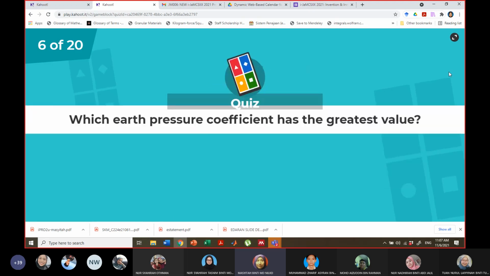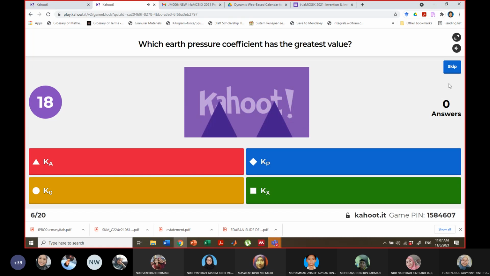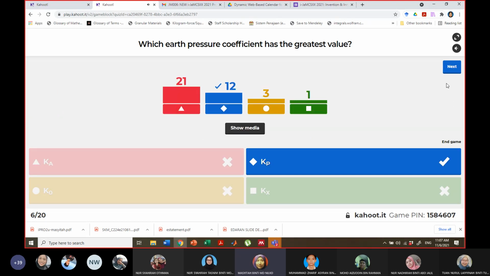So the next question is on the earth pressure coefficients. Actually we only have Ka, K0 and Kp. Among these three K values, which one is the greatest? Yeah, Kp.